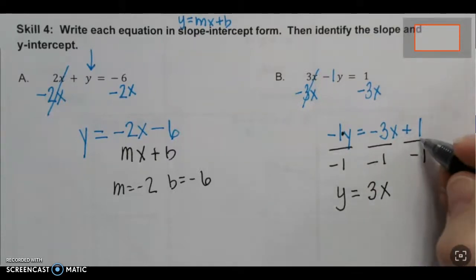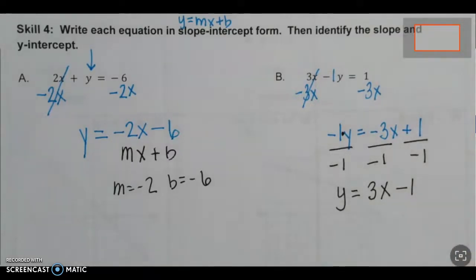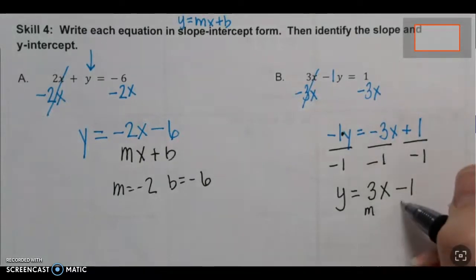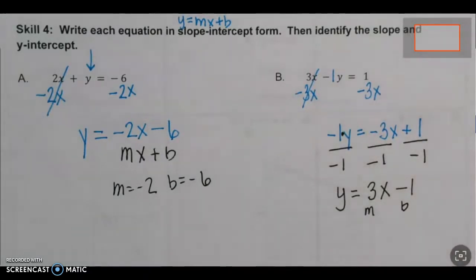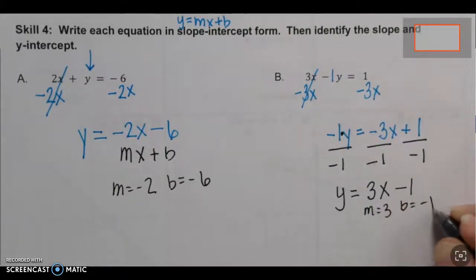And then +1 divided by -1 is -1. In this form, I see my m and my b. So m equals 3 and b equals -1.